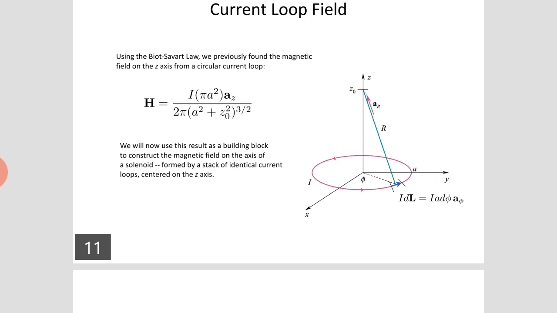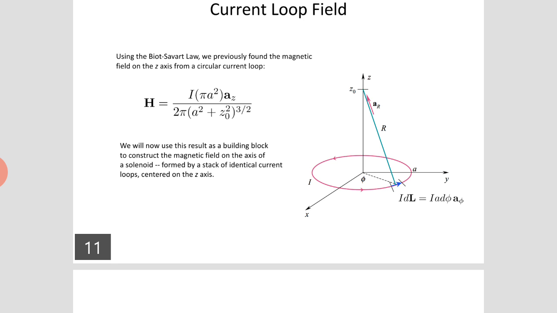Using that same loop field, we previously found the magnetic field on the z-axis from a circular current loop, that is H equals I π a² az divided by 2π into (a² + z²) raised to 3/2.